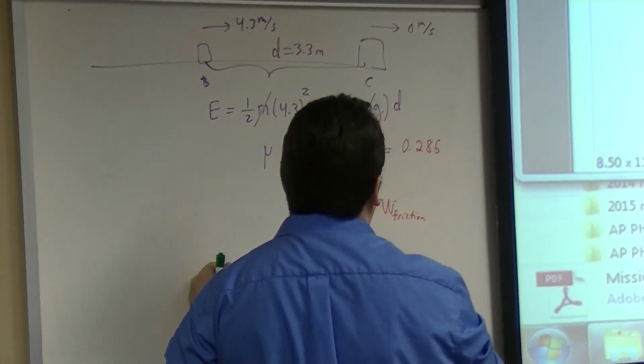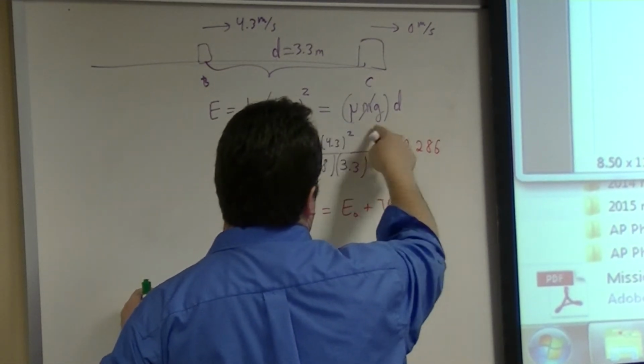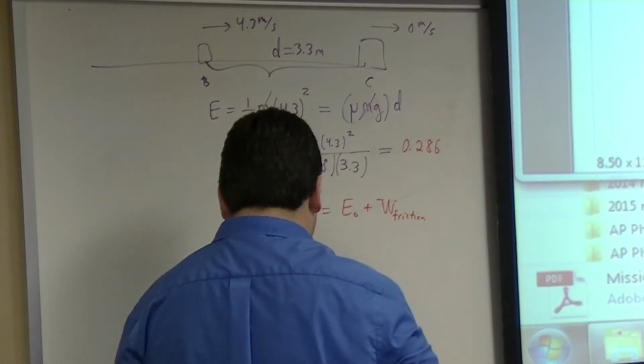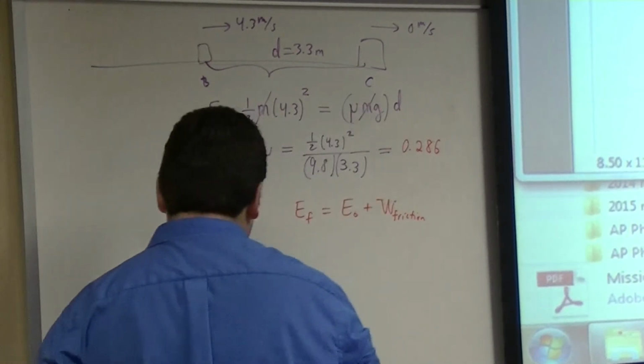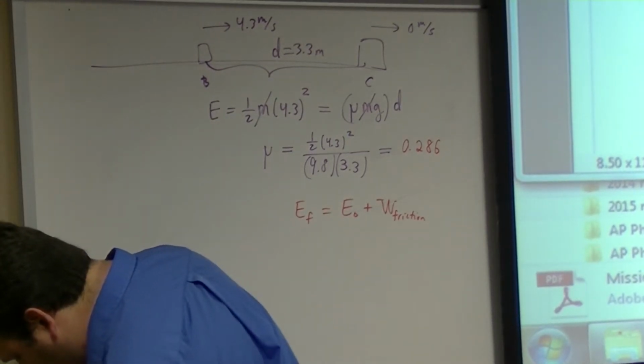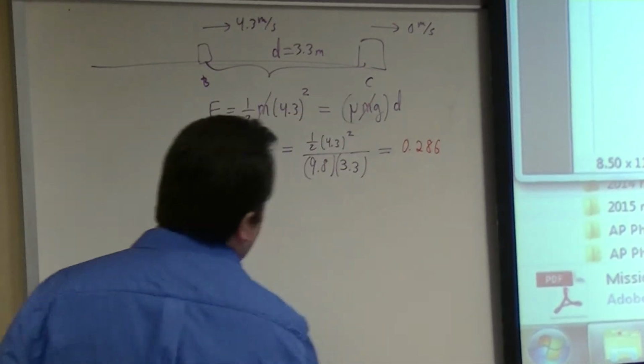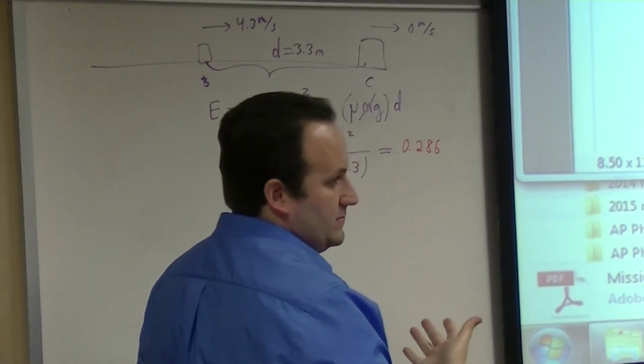So that's why I can just set the initial energy 1/2 m v squared equal to the friction magnitude. Okay, so that makes sense for part A.